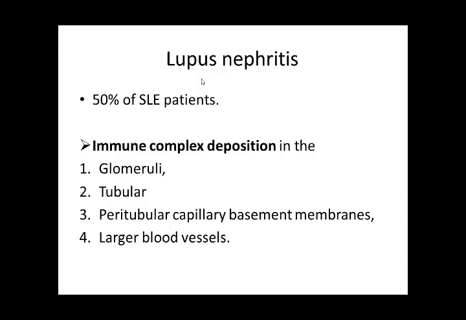Think of immune complex deposits in the blood vessels. And the blood vessels include glomeruli, peritubular capillary basement membrane, and large blood vessels. So it is the glomeruli, peritubular capillary basement membranes, and large blood vessels. Tubules are not spared as well. So in the end, you can say tubules are involved as well, right?